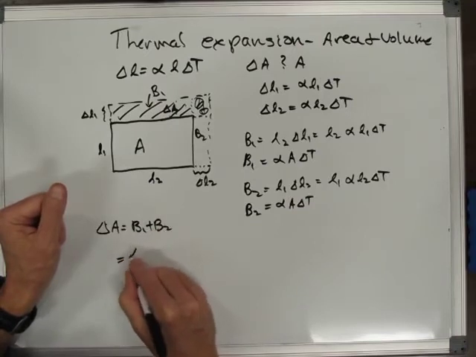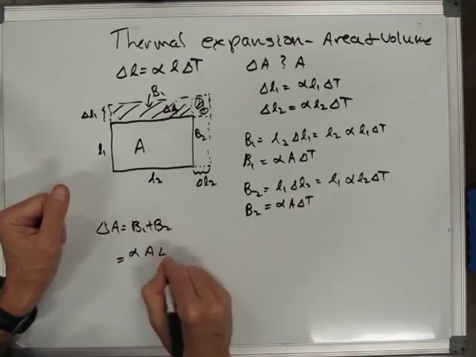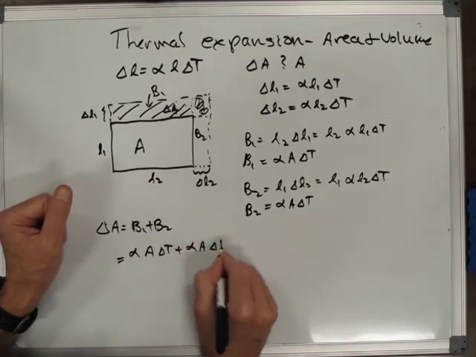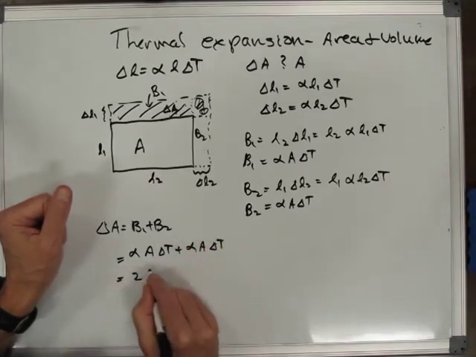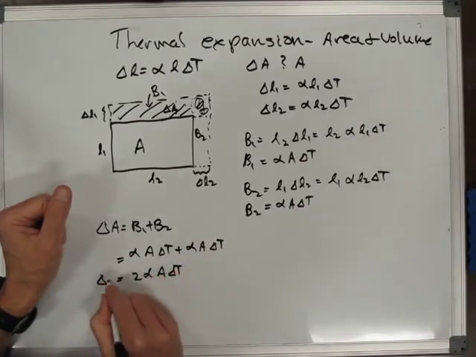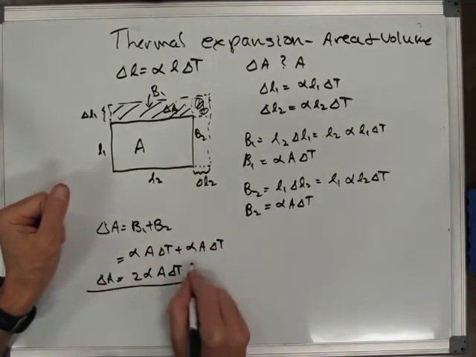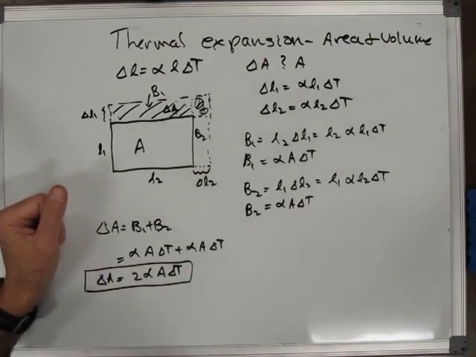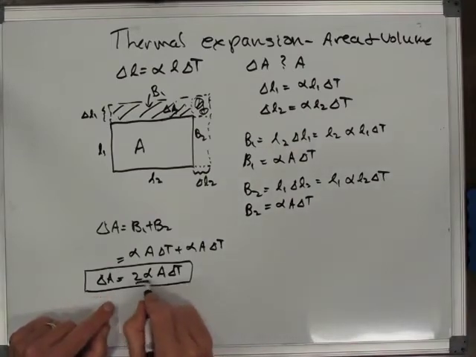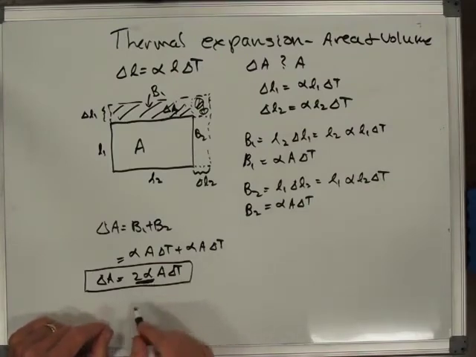That's equal to alpha A delta T plus alpha A delta T, which is equal to 2 alpha A delta T. This is the equation for area expansion. Instead of having an alpha, I just have a 2 alpha, where alpha is the coefficient of linear expansion.